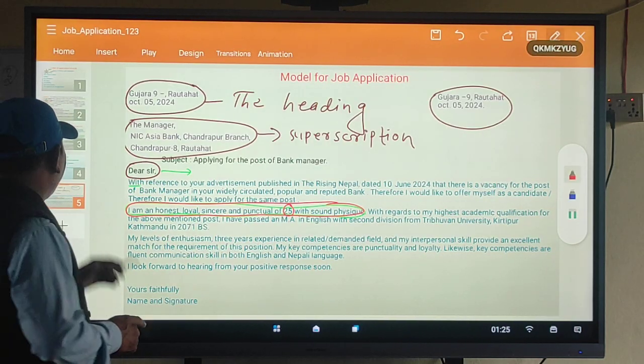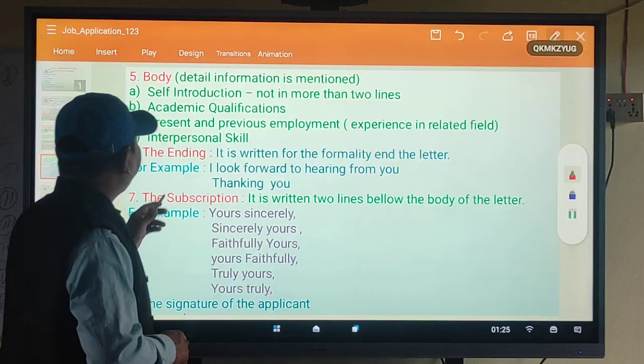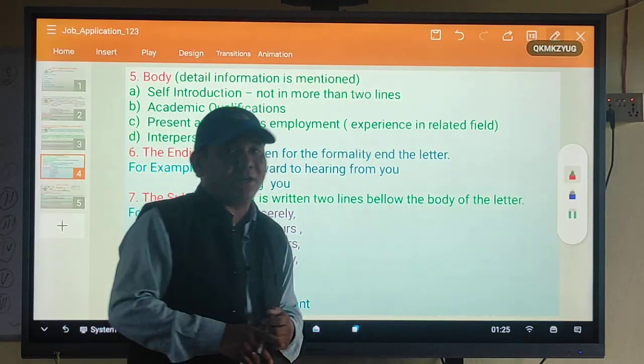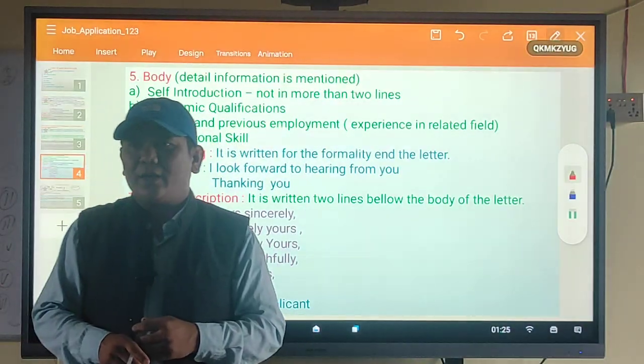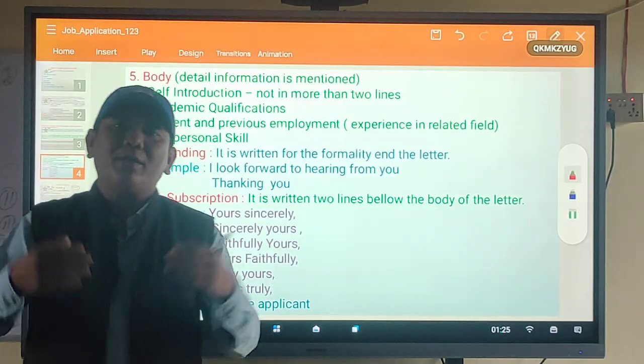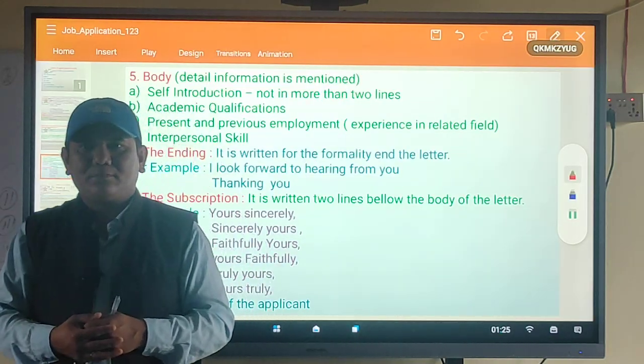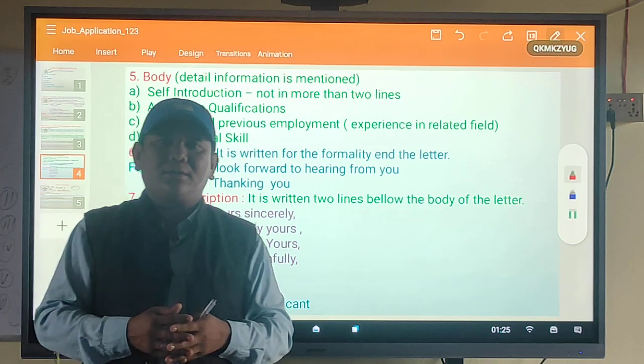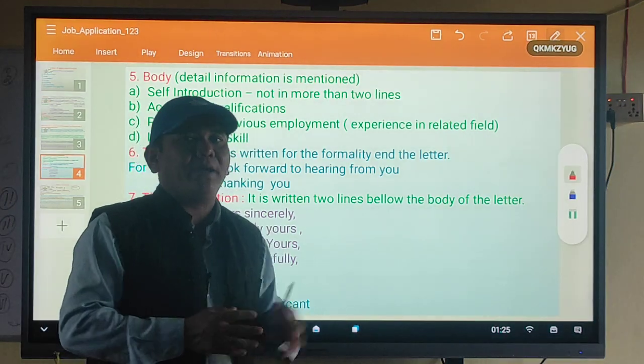You can write your experience in related field. How many years, how many months you have worked, in which field, you have to write here.